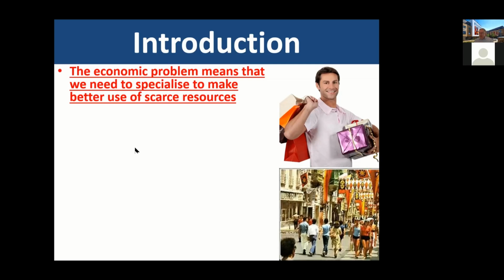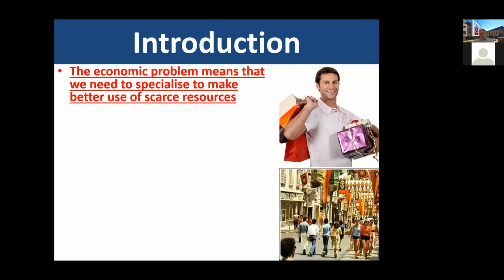We can also talk about specialization on a countrywide basis. And countries will specialize in making goods and services that the rest of the world wants. And they will specialize in producing something that they are comparatively better at producing.